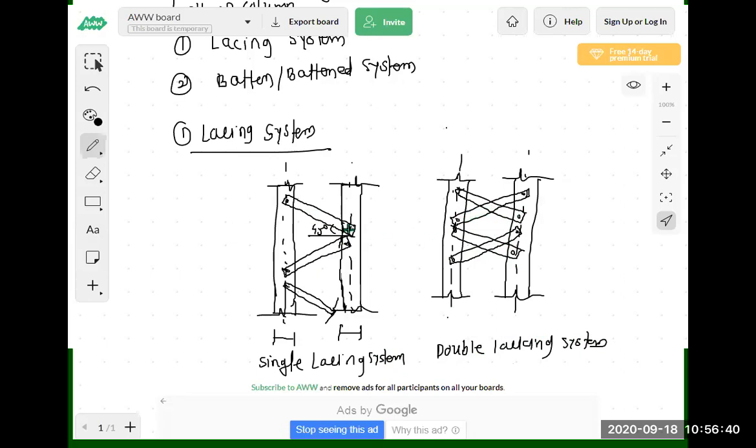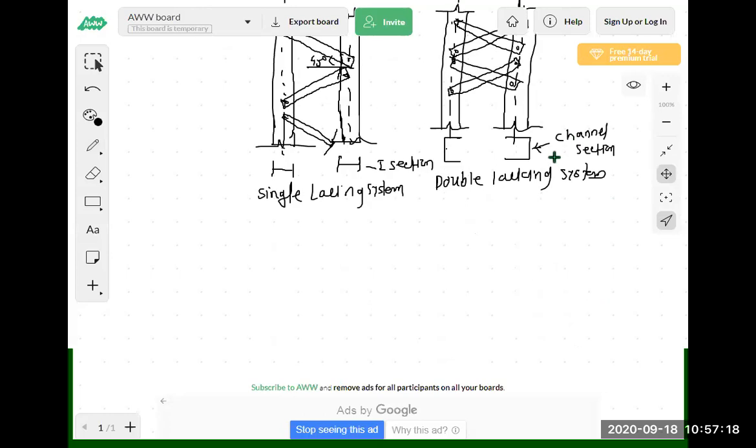To keep these two I sections or channel sections in position, we use this lacing, single or double. So here again, these sections are there. These are the channel sections, and this is the I section. So everyone got it? The lacing system, single lacing and double lacing.